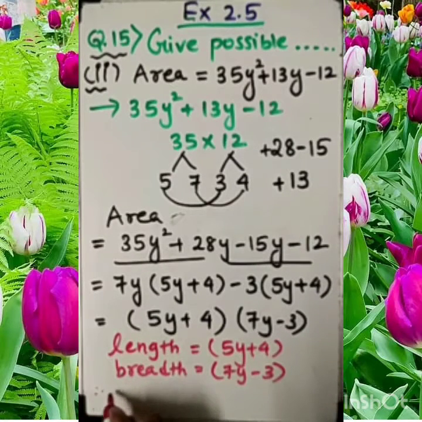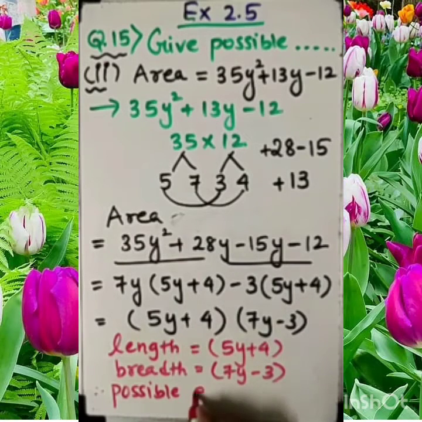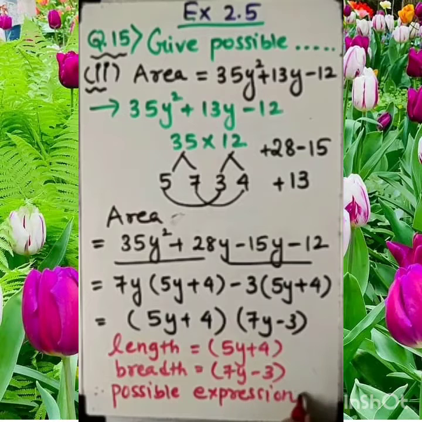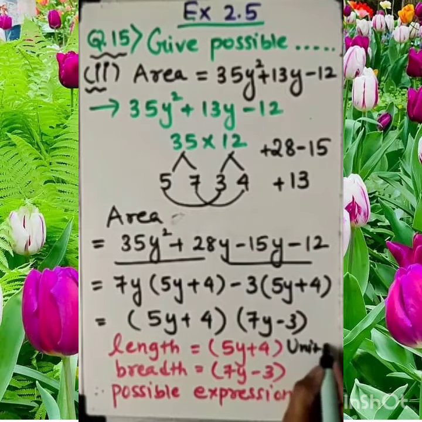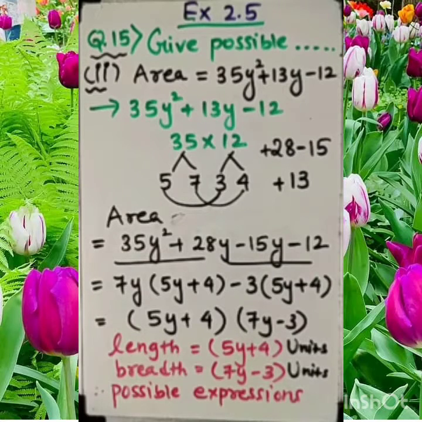You can say these are possible expressions for the length and breadth, and this can also be mentioned in units. So here at the back side you can mention this is also units, this is also unit, as they are the length and breadth, the dimensions of the given rectangular figure.